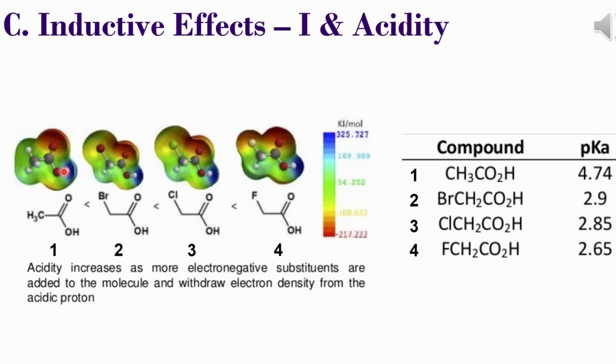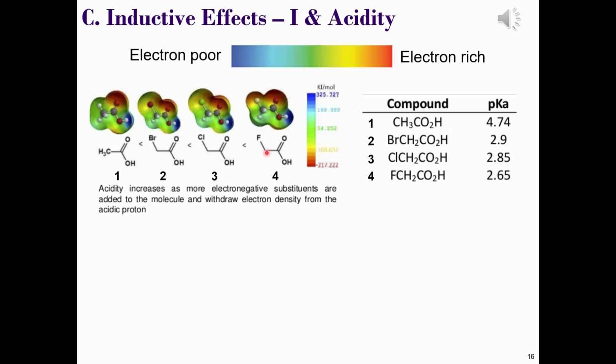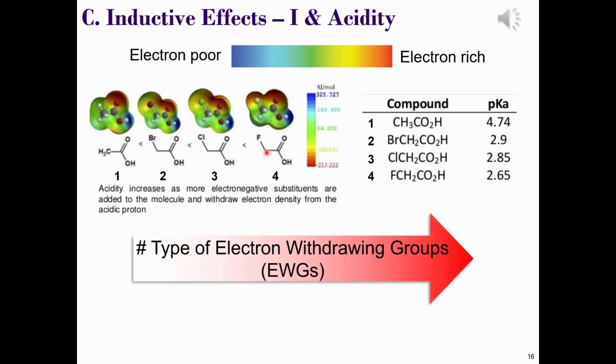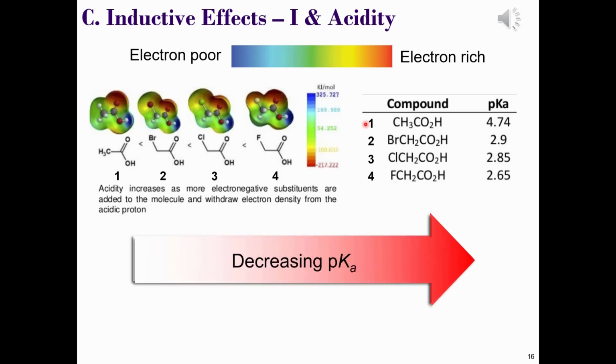However, we can see that substituting a hydrogen atom at the other end of the acetic acid molecule for increasingly electronegative substituents, that's bromine in molecule 2, chlorine in molecule 3, and fluorine in molecule 4, causes the pKa to decrease. Yet, look at the placement of these electronegative atoms.